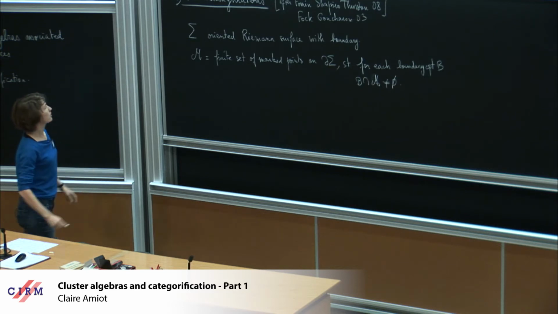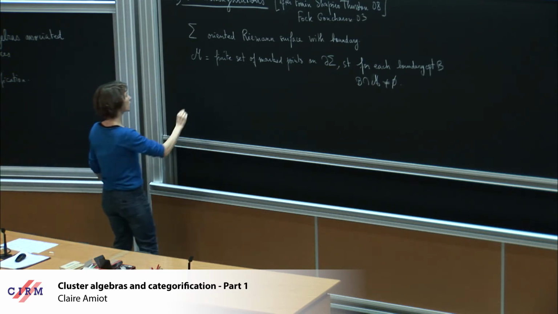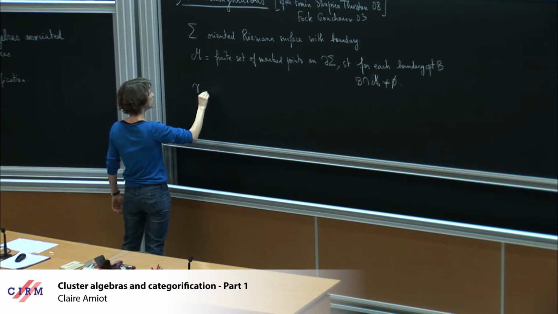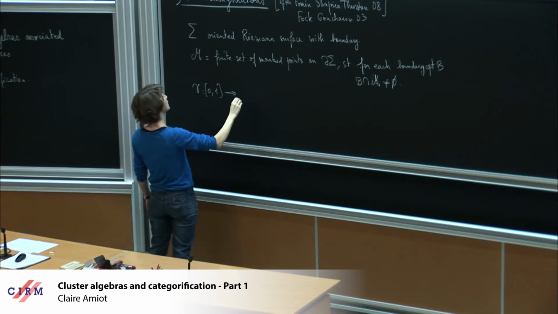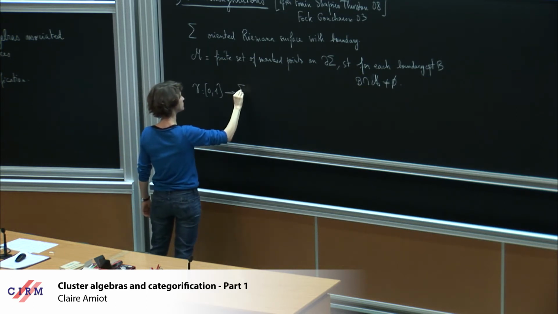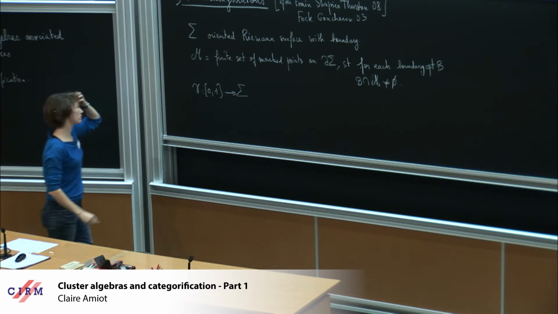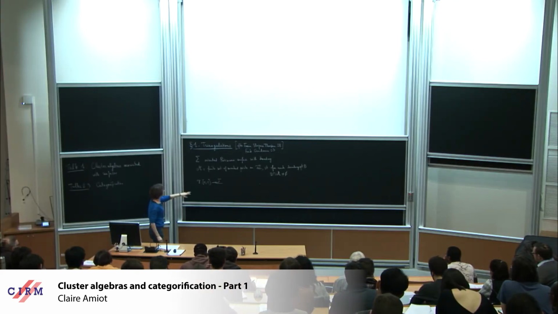Now I can define the notion of arc. So gamma, an arc, will just be a continuous map on the surface.